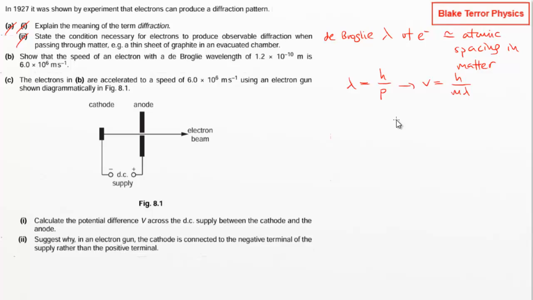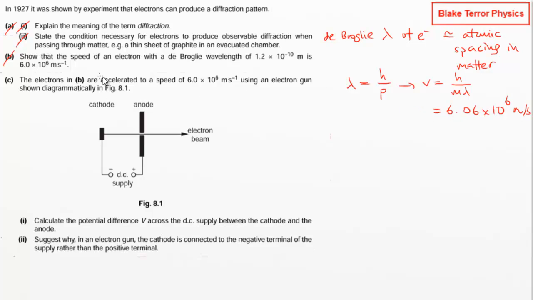Then we've got 9.11 times 10 to the minus 31 for the mass of the electron, and then they've given us that de Broglie wavelength of 1.2 times 10 to the minus 10. That is coming out then at 6.06 times 10 to the 6 meters per second, which is pretty much what they want.